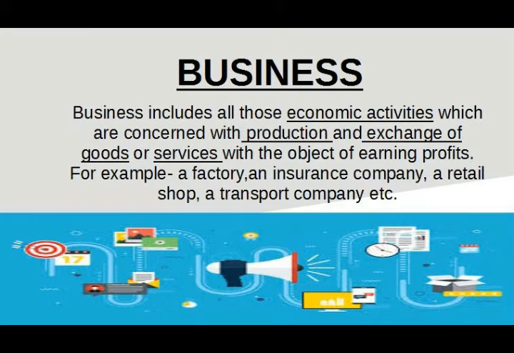Goods are stored for future use, which results in the creation of time utility. Now, let us give some examples. What are the examples of business? A shop, a transport company, a warehouse, an insurance company. All these are examples of business.